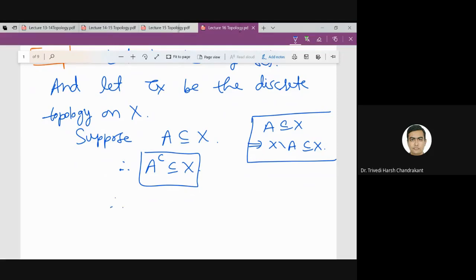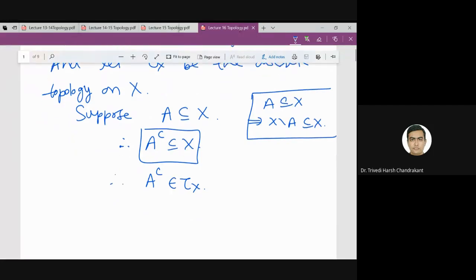So now we are using that A complement is in tau X. It is open with respect to the discrete topology, because tau X is the discrete topology. So now we know that A complement is open, that means A is closed.